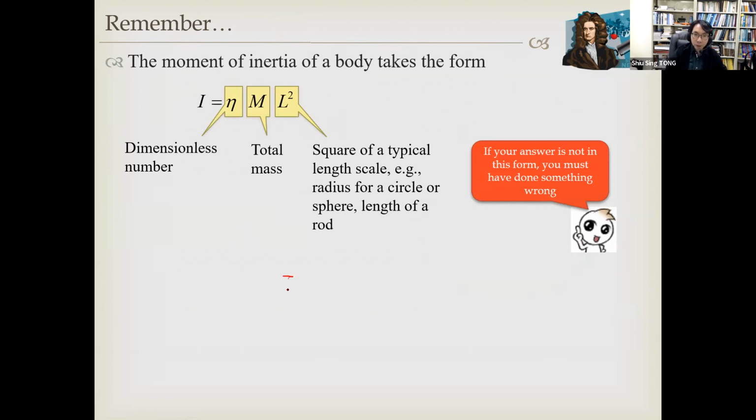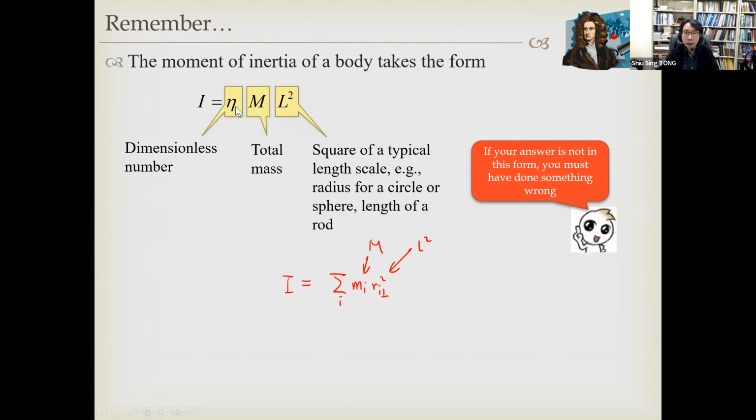I always have the moment of inertia given by the summation of m_i r_i squared. So this is mass multiplied by a length squared. After you do a summation, the dimension is still unchanged. So you get a mass multiplied by a certain length squared, and that's typically what you expect from the moment of inertia.